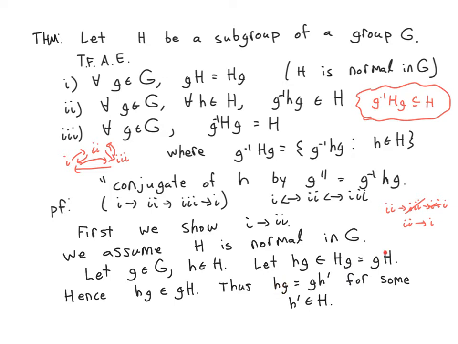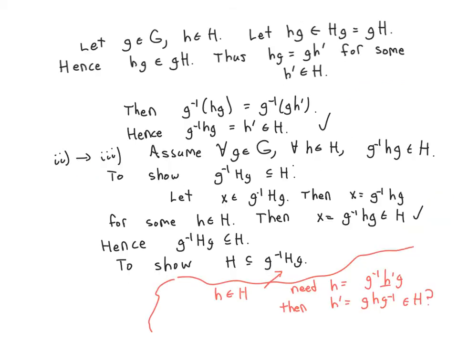Well, one thing I can take advantage of is that there's a way to rewrite hg as g times h prime for some h prime in H. Why is this? Because hg is an element in this left coset. And if you're in this left coset, it means you have to be able to be factored as g times an element in capital H. And so that's what we have so far.